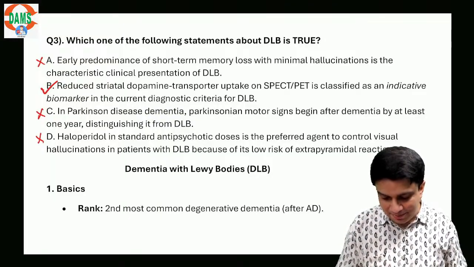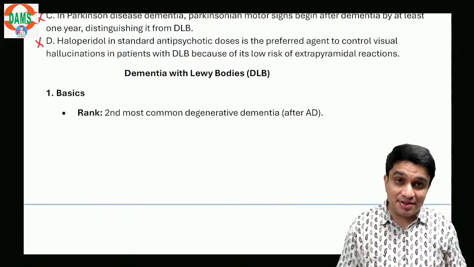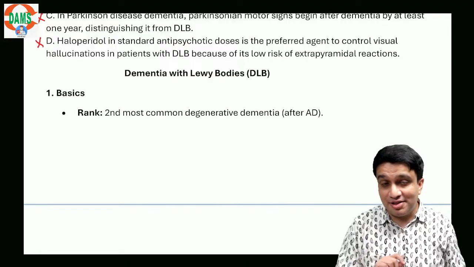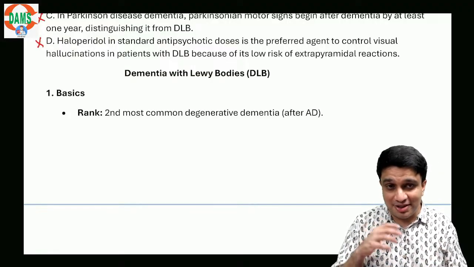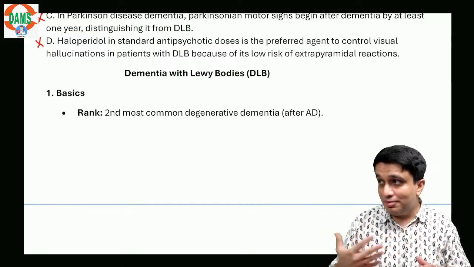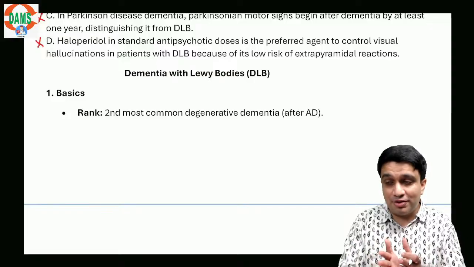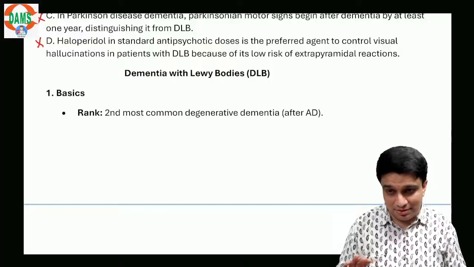So let's understand. I agree that dementia with Lewy bodies is ranked after Alzheimer's, though this keeps fluctuating. Psychiatry people say it comes before Alzheimer's. But in the neurodegenerative textbooks that we read, Alzheimer's is still on top and then DLB comes.